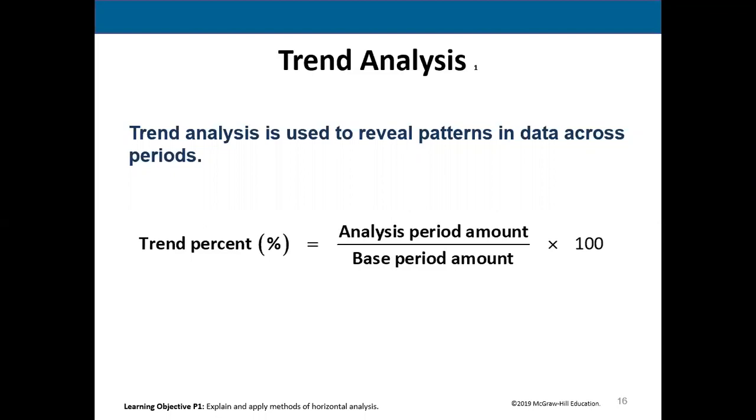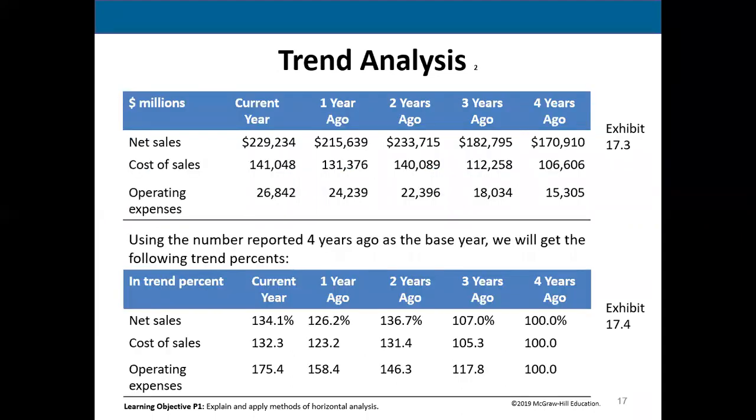Now, trend analysis is another type of analysis using horizontal analysis. What you do with trend analysis is you take the dollar amount from the current period and divide it by some base period. It could be last year, it could be 2 years ago, and then multiply that by 100. And that will tell you the percentage change from that base period. So here's an example.